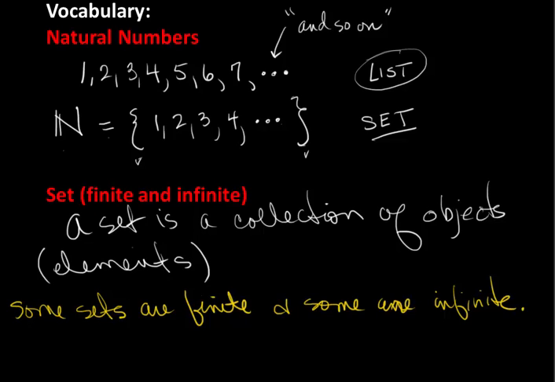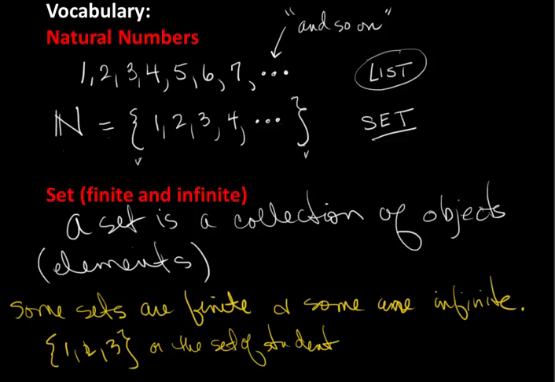A finite set would be an example like the set of numbers 1, 2, and 3. There's a finite set with 3 elements in it. Or we could say the set of students in our class. There the elements are people, and there'd be 25 of them.